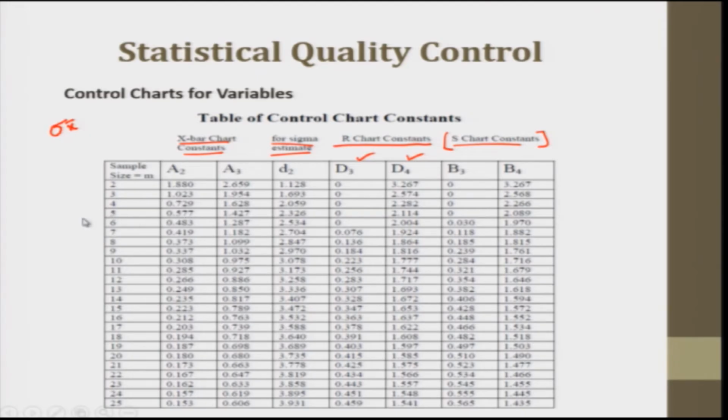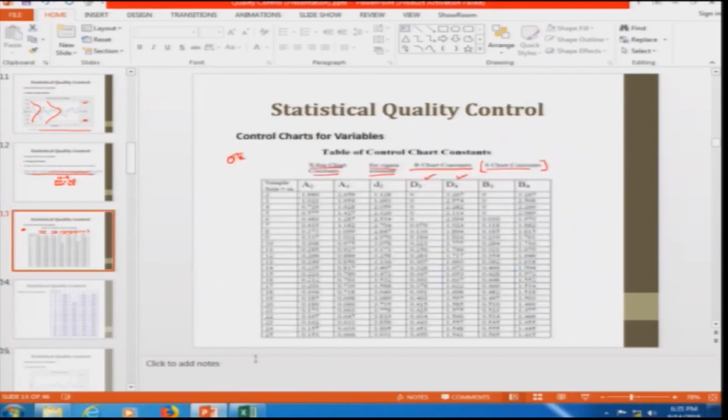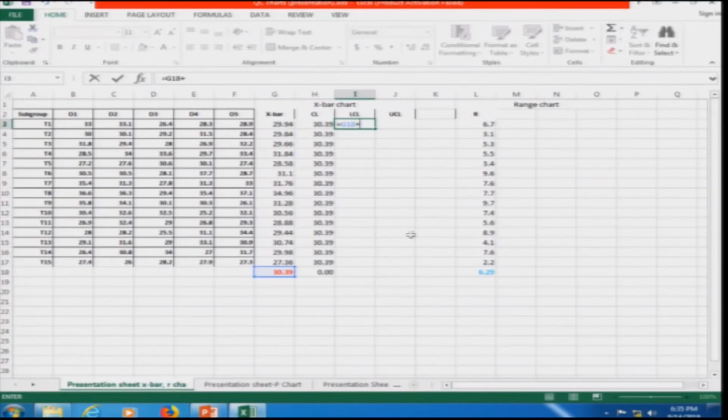This sample size is 5, this value is 0.577. So, I will put the value of A2 in my Excel sheet. Let me put A2, this is equal to 0.577.